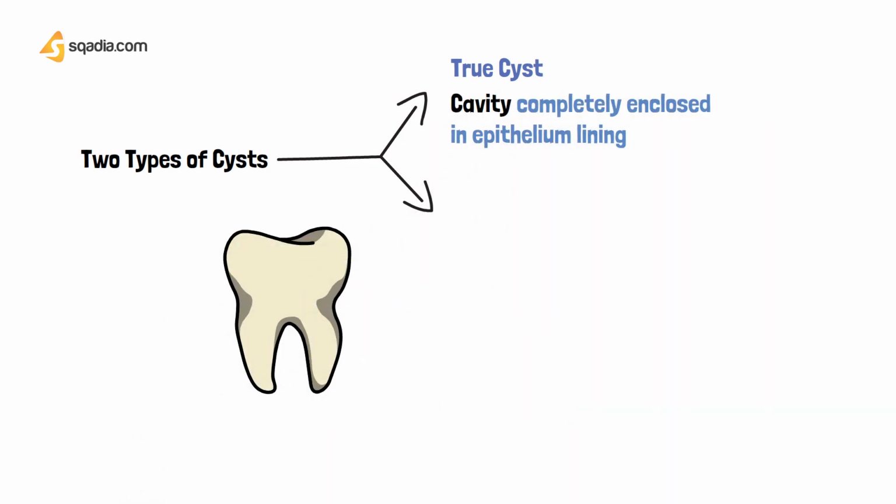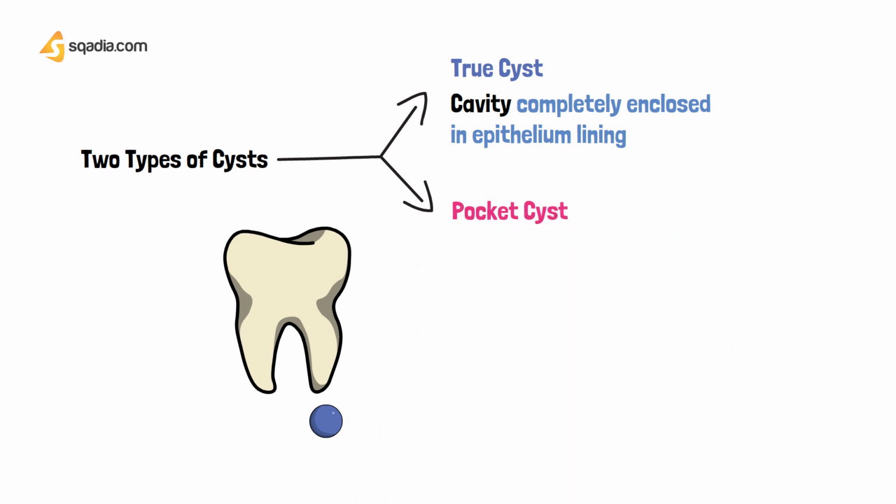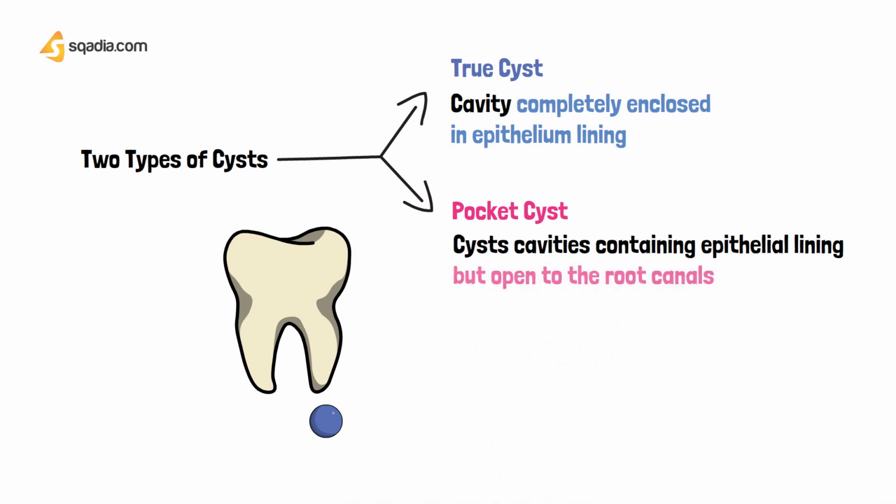As we can see in this picture, the true cyst is independent of the radicular canal system and it is present in the periapical area and it is completely enclosed in the epithelium lining. Whereas the pocket cyst contains the epithelial lining and it is open to the root canal system. So a radicular cyst is a true cyst.